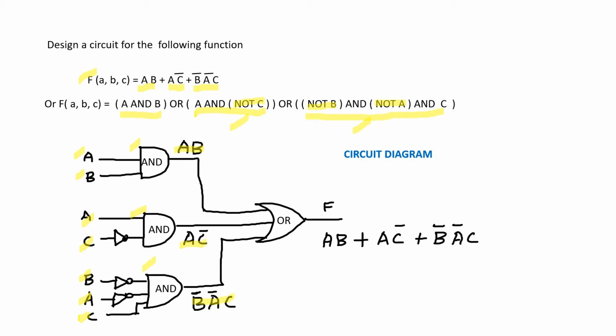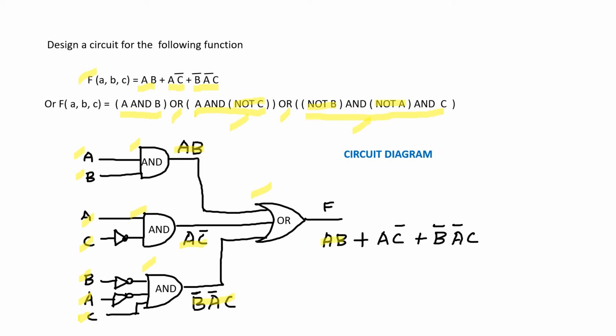And now you can notice that there are three separate expressions, and an OR operation has to be performed on these three expressions, and that OR gate is represented here, and we will get the output as required.